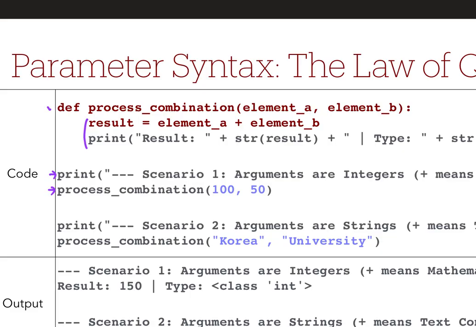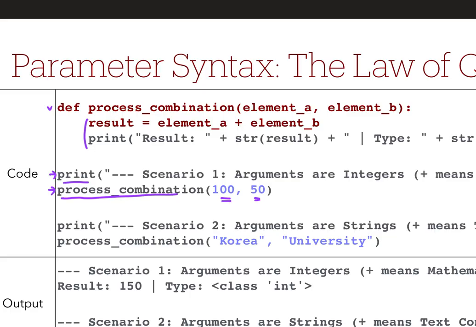It will check the definition of the function, and then this function is called with some arguments. When I call this function, I provide 100 and 50 as my arguments. So element A will be defined as an integer variable with the value 100, and element B is also defined as an integer variable with the value 50.